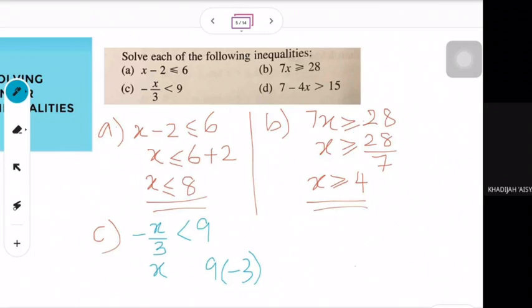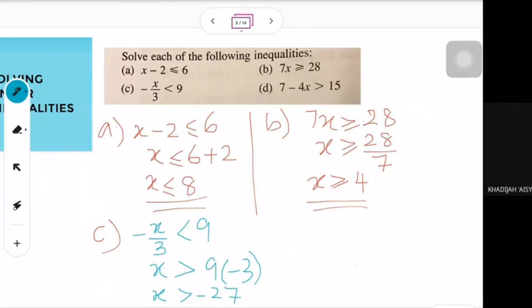Now, what about the symbol? Change. You have to change the direction of the symbol, because you multiply negative 3.